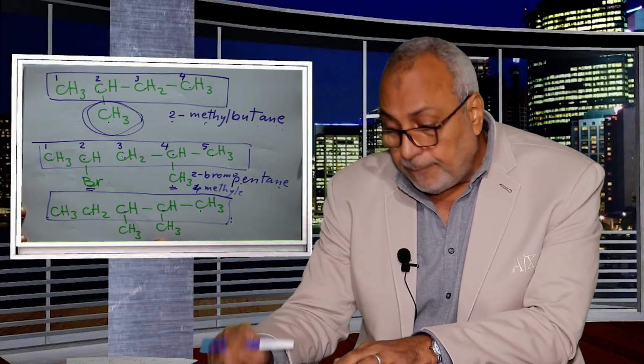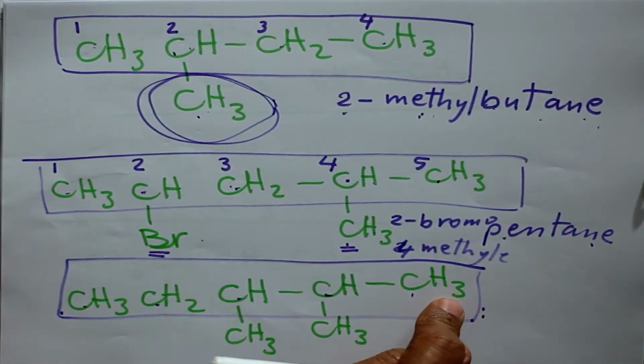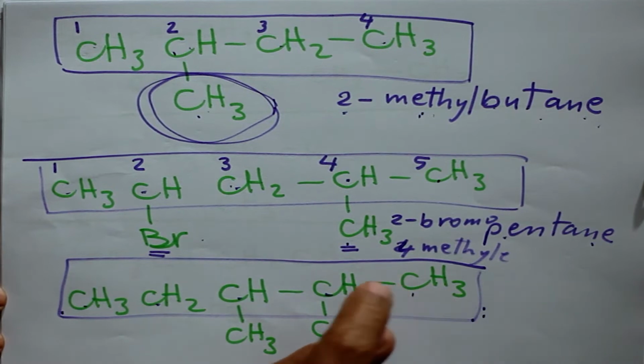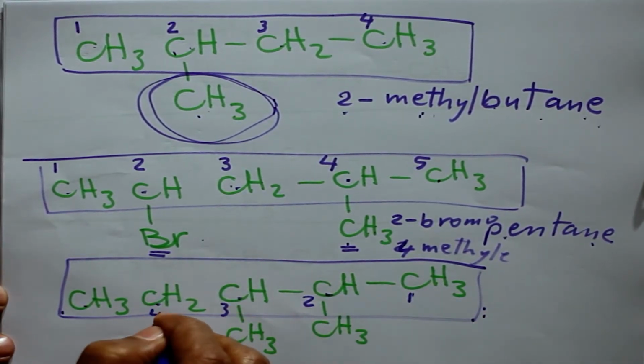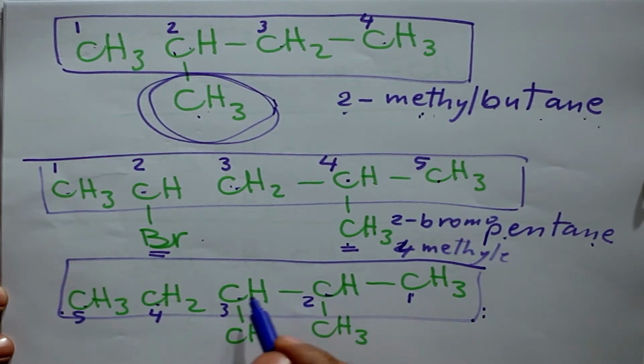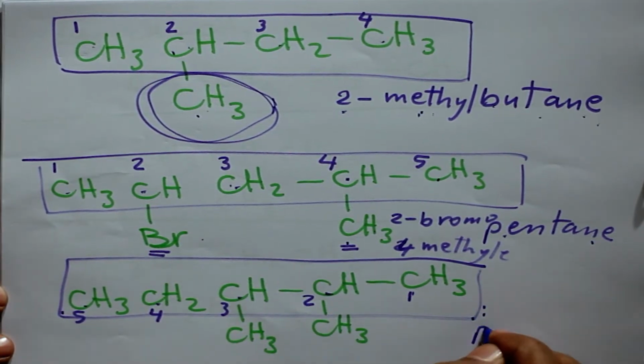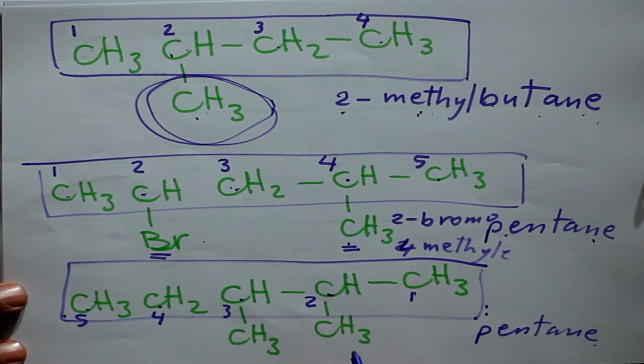So we number the chain from the nearest end to the branch: 1, 2, 3, 4, 5, pentane. At carbon number 2, methyl.